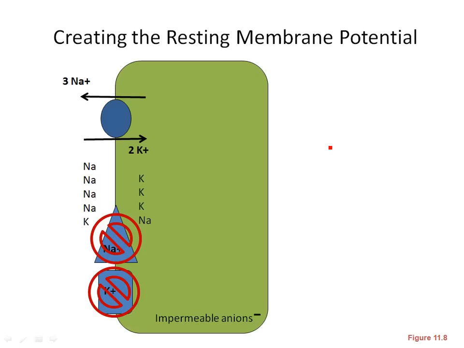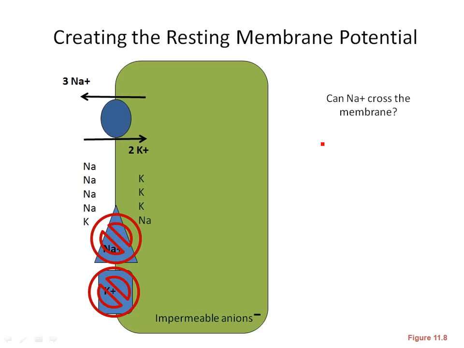So at rest, we have this situation where I have more positive outside the cell than inside the cell. The inside of the cell is relatively negatively charged because of the ions that are in there and because of the fact that I moved only 2 pluses in for every 3 pluses that I moved out. So you can see charge is not balanced. It's negative inside and positive outside.